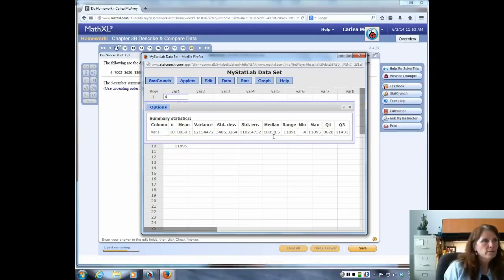What we have for our lowest minimum in our 5-number summary is 4. That's our minimum. I'm going to write those down because it's different for mine. But then the next one is the quartile 1, and quartile 1 is 8620. The third one is median, which is back to the left a little there, 10,058.5.